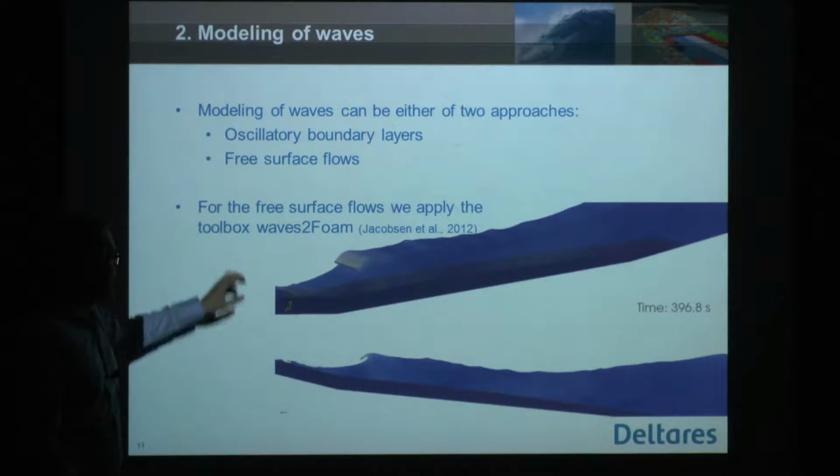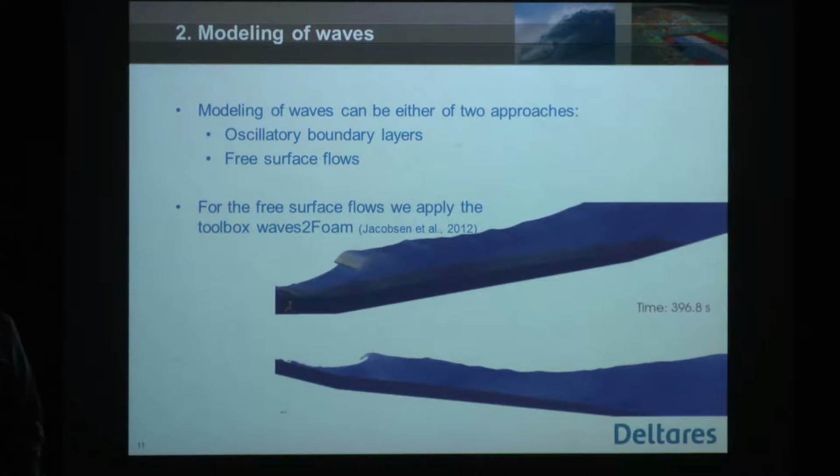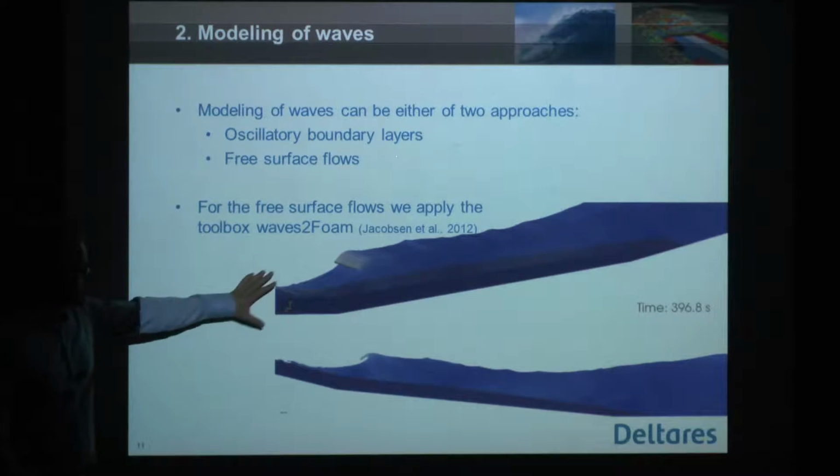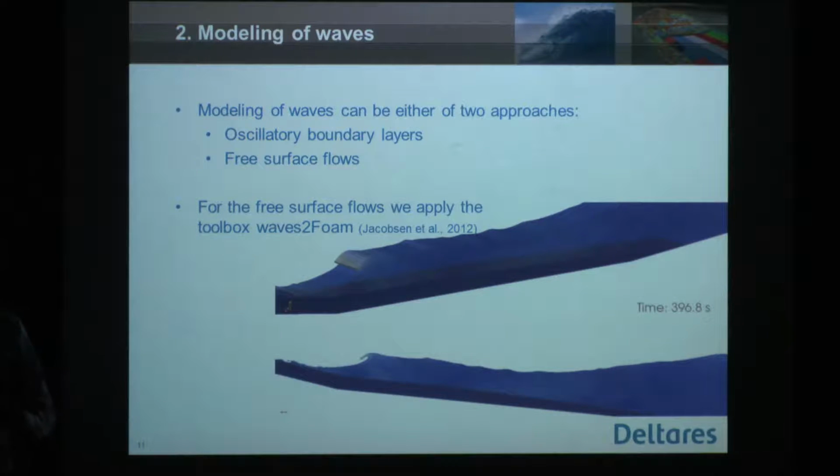And we're modeling that with a toolbox that is called waves2Foam. That is the starting point for wave modeling in OpenFOAM back in 2012. And you can see it gives a quite realistic image of what is happening in the flow.